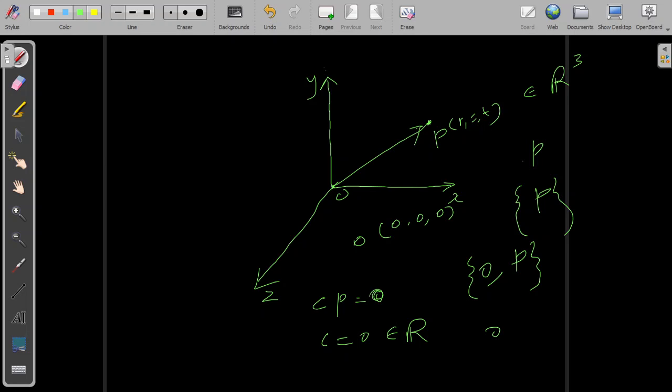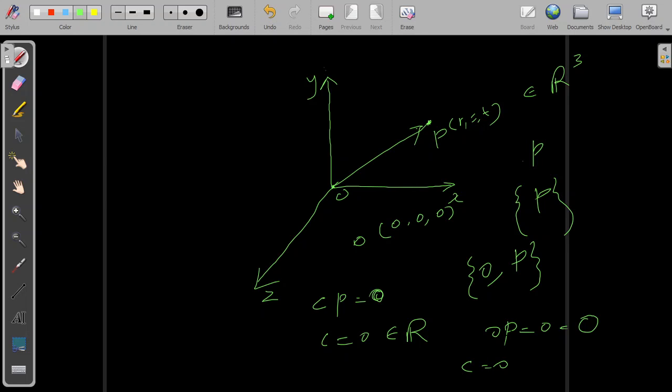So 0 into P is equal to O. That means you can have this linear combination cP equal to O without having only the trivial solution.